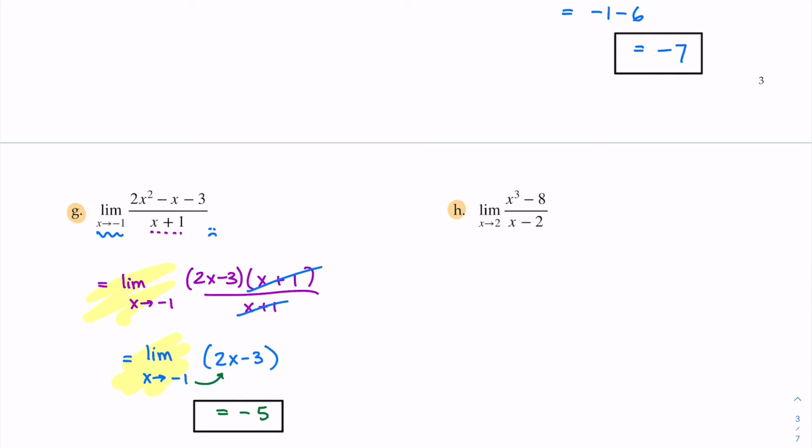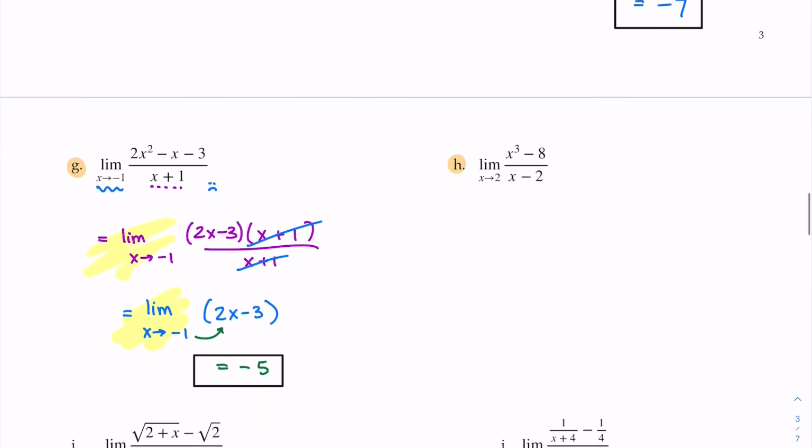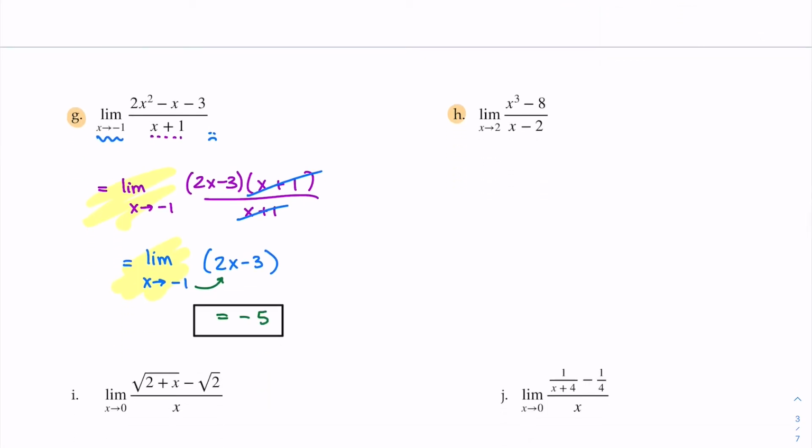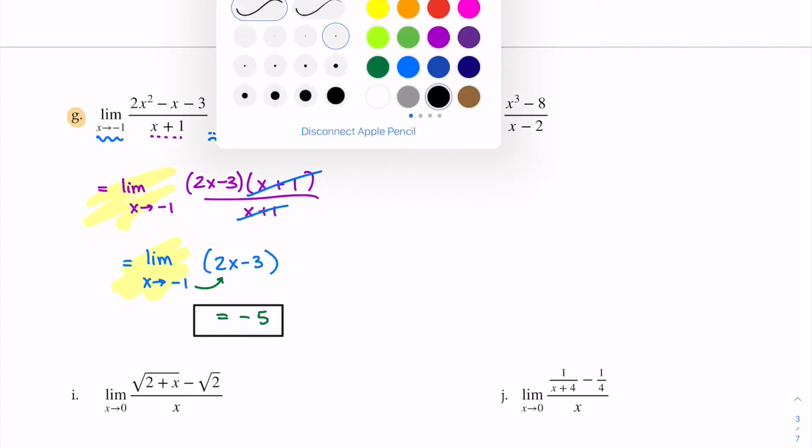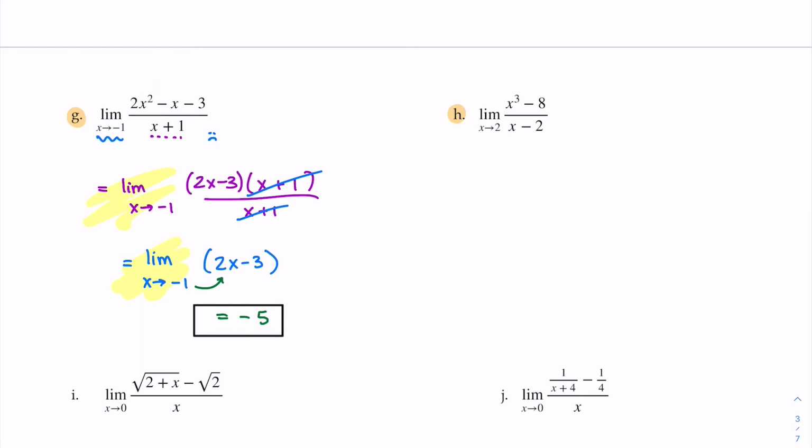All right. One more here with letter H, if you're okay with it. Go ahead, pause the video and try out letter H. We have a factor here that might provide some issue for you, but I hope it doesn't. So go ahead, pause the video, take a peek at letter H, and we'll meet back in a few minutes.